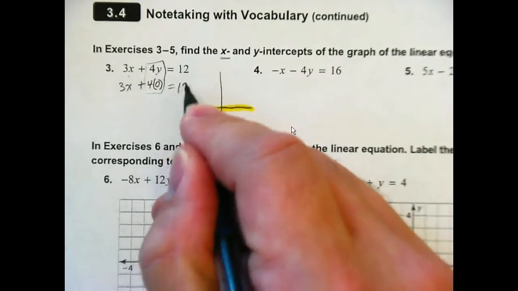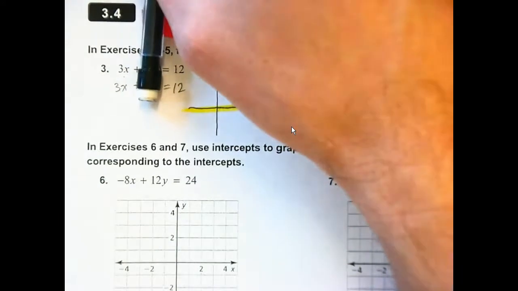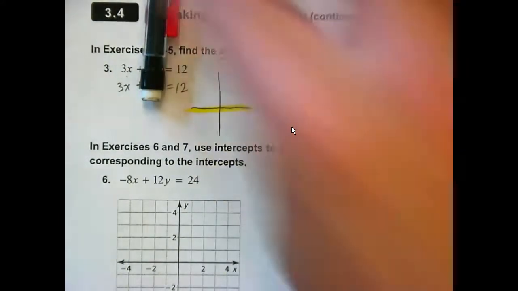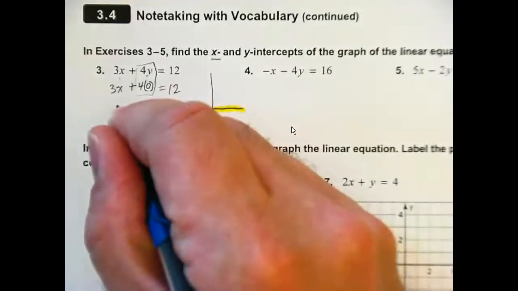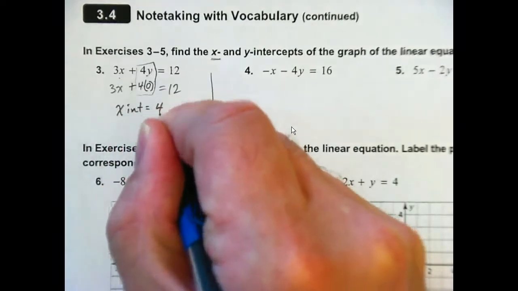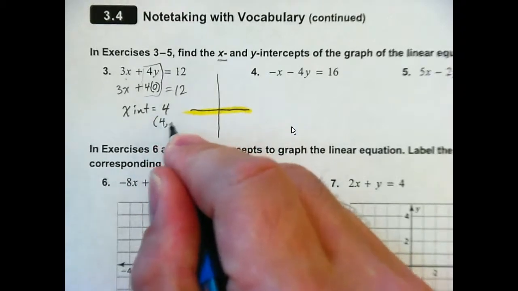It goes away. It becomes 0. So really I'm asking myself, 3x equals 12. 3 times what is 12? 4. So my x-intercept is 4. Now how do we write that? You can write it like that, but it's also a coordinate: (4, 0).